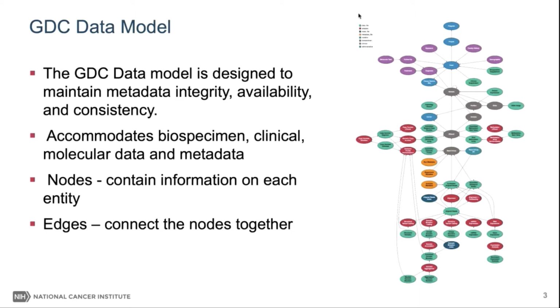This data model accommodates biospecimen data, which is represented by the gray circles, clinical data, which is represented by the purple circles, and metadata for molecular files, which is represented by the red circles.